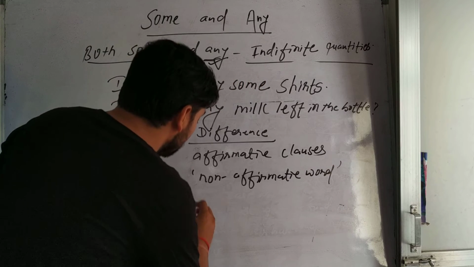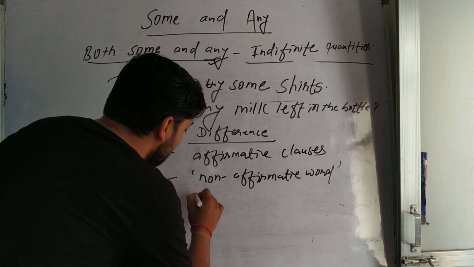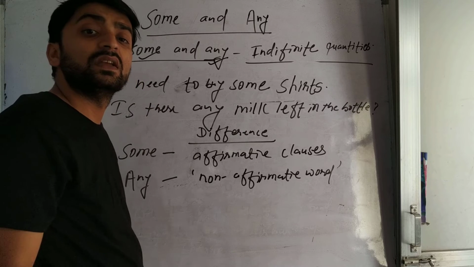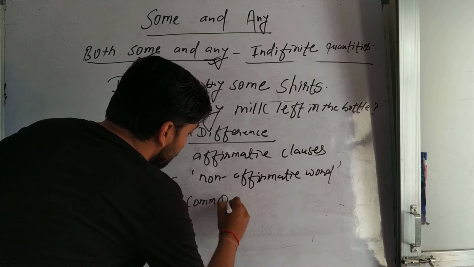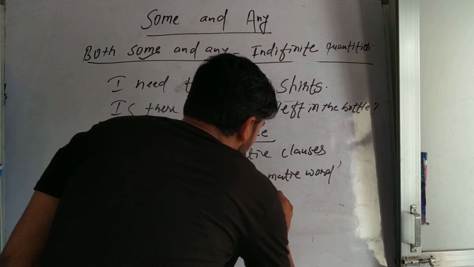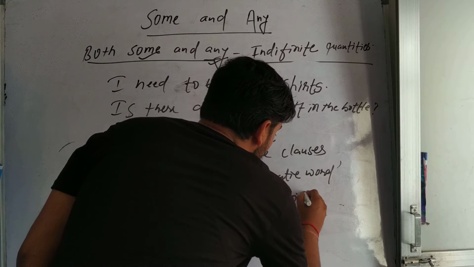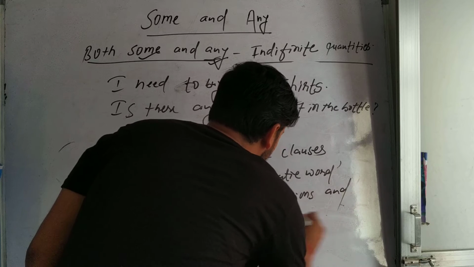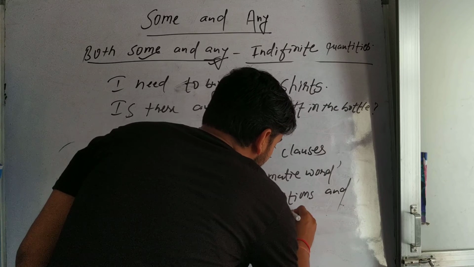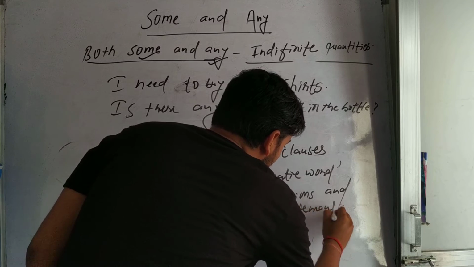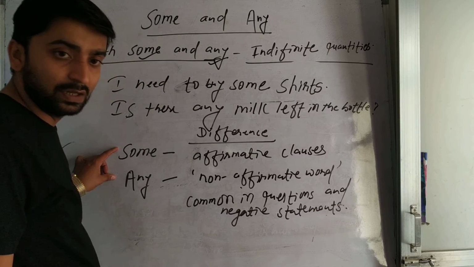It is basically used for what kind of sentences? For question sentences. So very much common in questions and negative statements. So these are the uses of some and any.